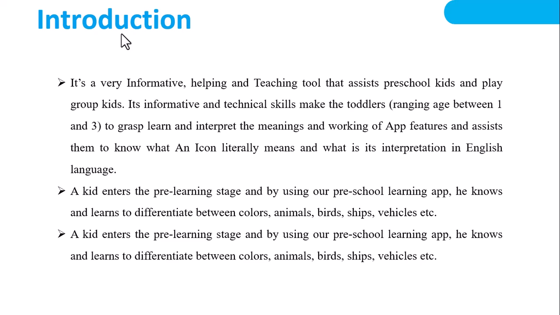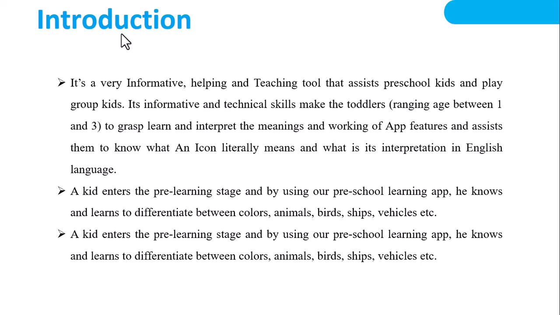In this video, we will also attempt to educate the kids with the help of a pre-learning application which supports learning skills by watching and listening to the sounds of objects.